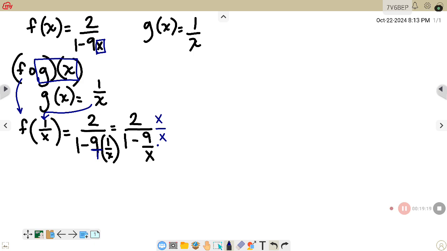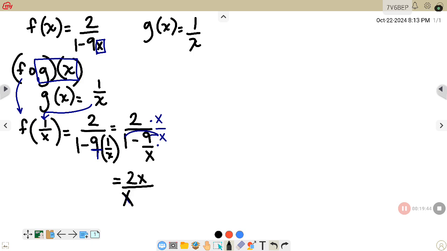Because here's what's going to happen. Up top in the numerator, I have 2 times x, which will just give me 2x. Now, when I multiply the bottom, both things by x, the first thing I have is the x times 1, which just gives me x.